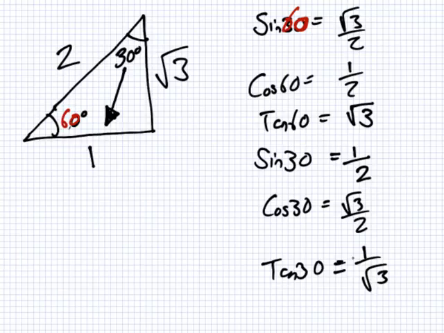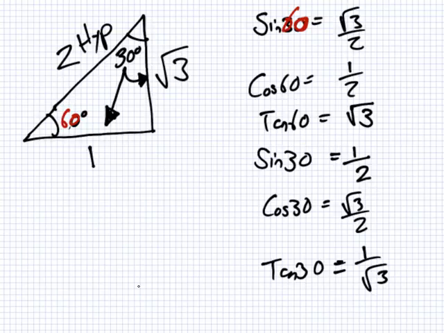Opposite over adjacent. This is now opposite, this is adjacent, and this is still always the hypotenuse. But because this is built into your calculator, you can use your calculator to help you find missing sides.